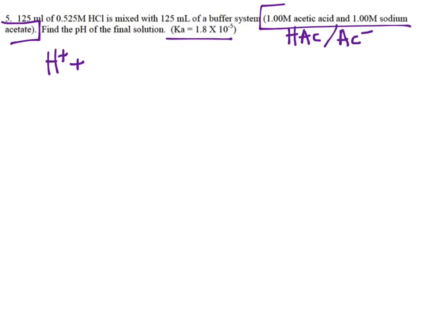So when I add my H plus in that buffer, who's going to attack the H? Who wants to be with the H? Acetate. So we're going to do AC minus, and what we're going to make is HAC. We want to know who is going to be left standing after this invasion. After H plus invaded, who's going to be left standing?